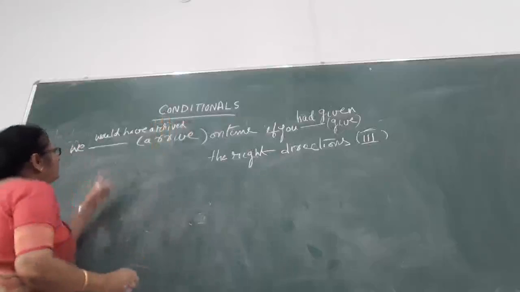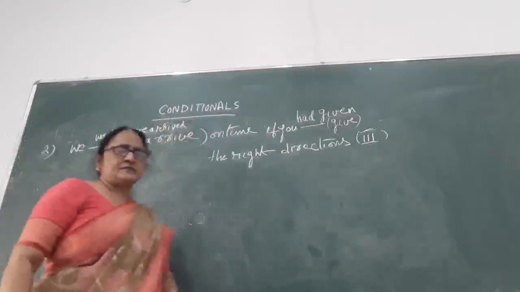V form is the third form. We would have arrived. This is the second bit.